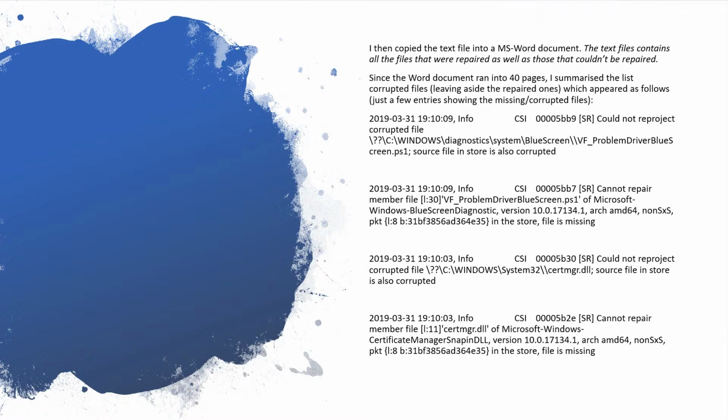Since it was running into that many pages, I summarized the list of corrupted files. There were several files that were already repaired, with the statement "repairing this file." So I left those files aside, and luckily the list of corrupted or missing files was just a few, which are pointed out in this list below.